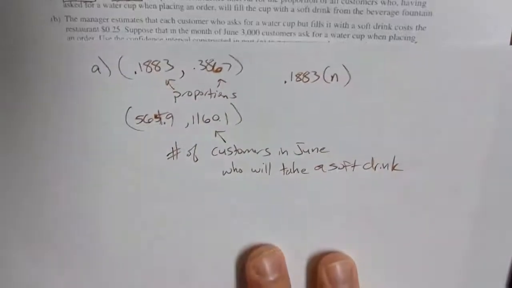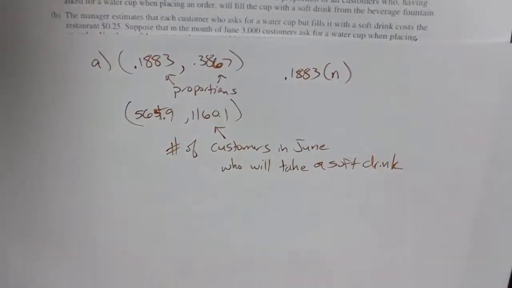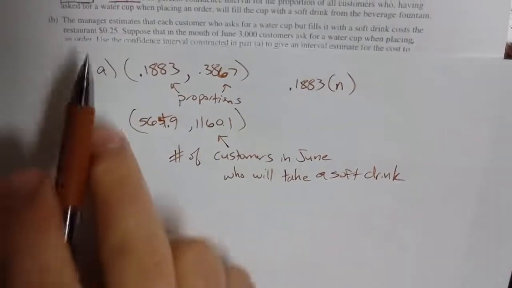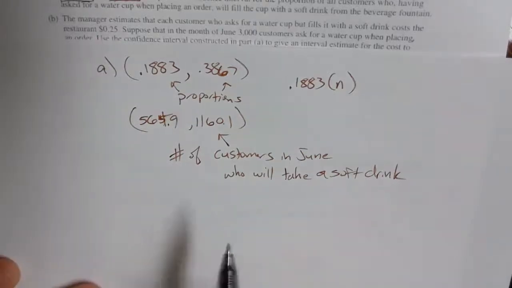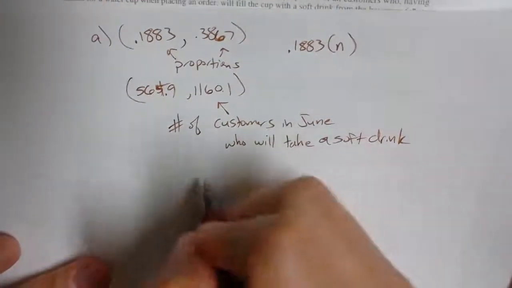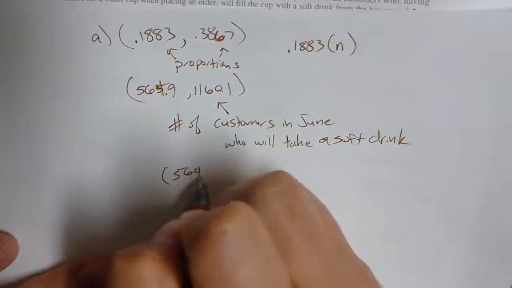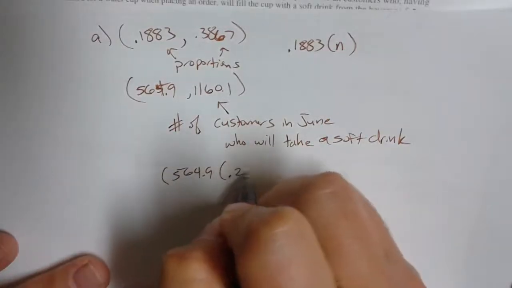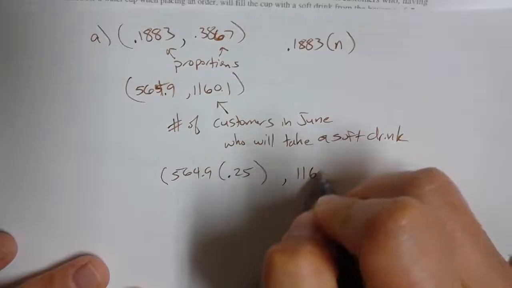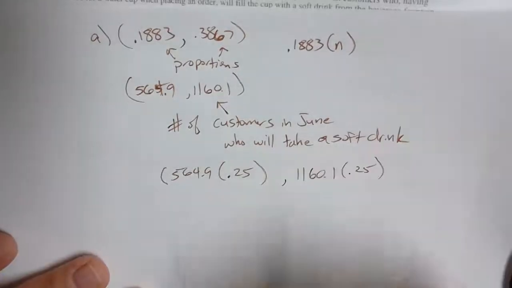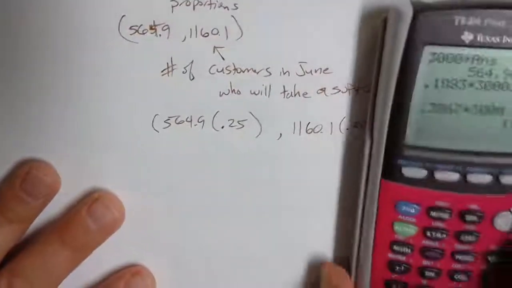And then our final job here is to convert this into a cost. So we know it's approximately 25 cents for every customer who does this. So we're going to take the 564.9 and we're going to multiply it by 25 cents. And we're going to do the same thing with the upper bound here. Multiply that by 25 cents. And we'll see what we get for those numbers.